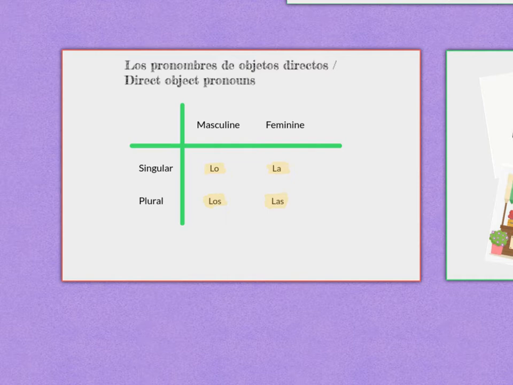So if the noun that you are trying to replace, so the what, is masculine and singular, you're going to use lo. If it's masculine and plural, you're going to use los. If it's feminine and singular, you're going to use la. And if it's feminine and plural, you're going to use las.